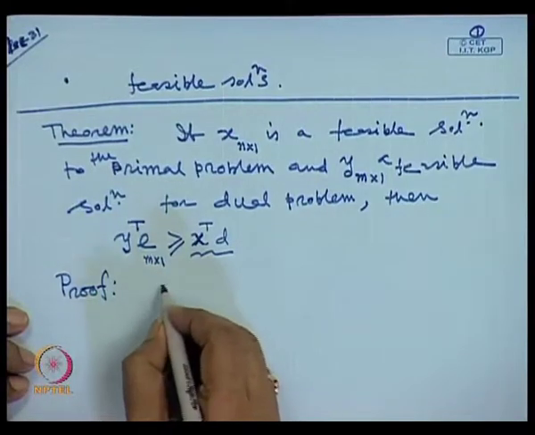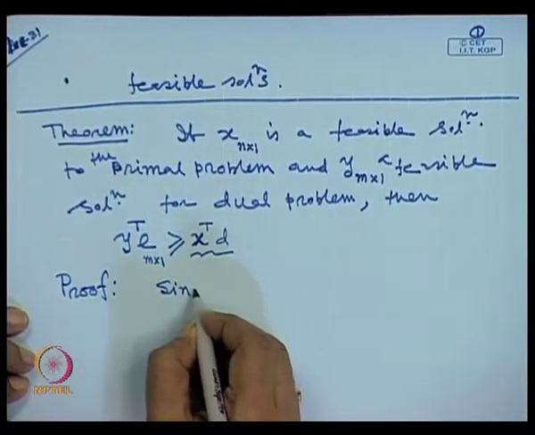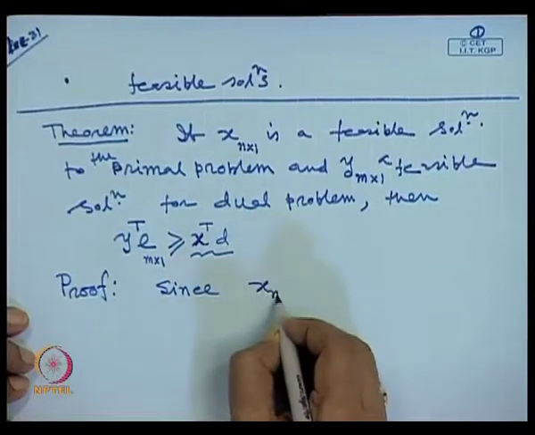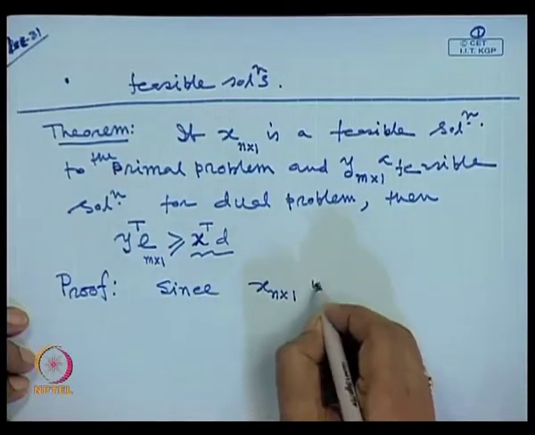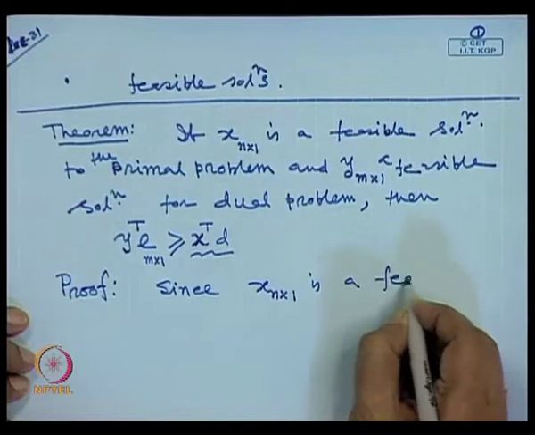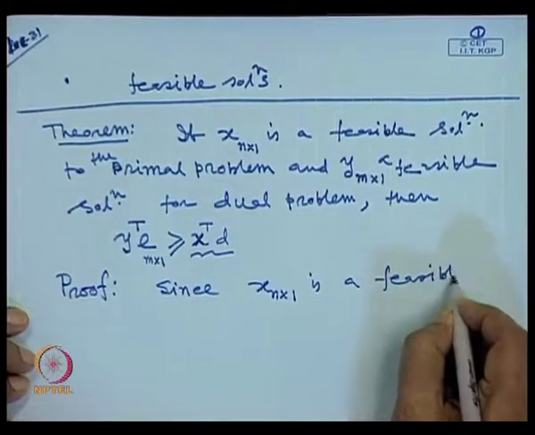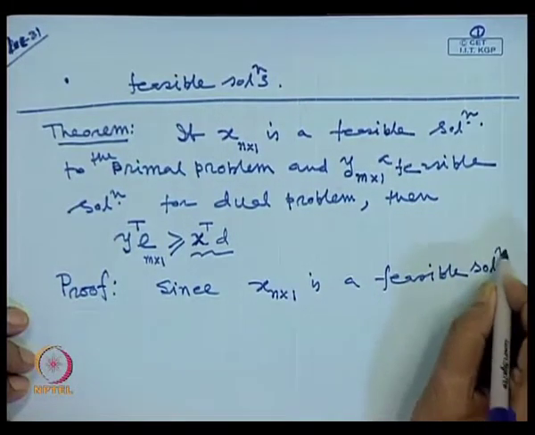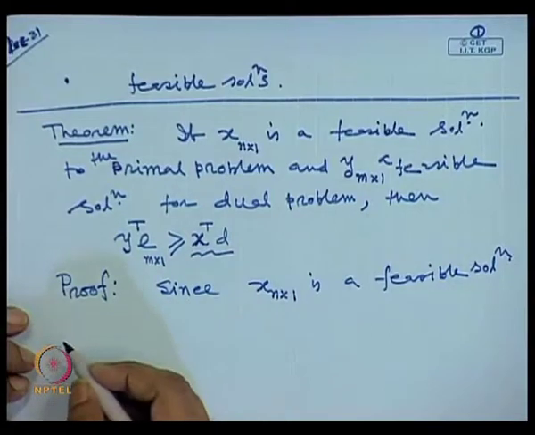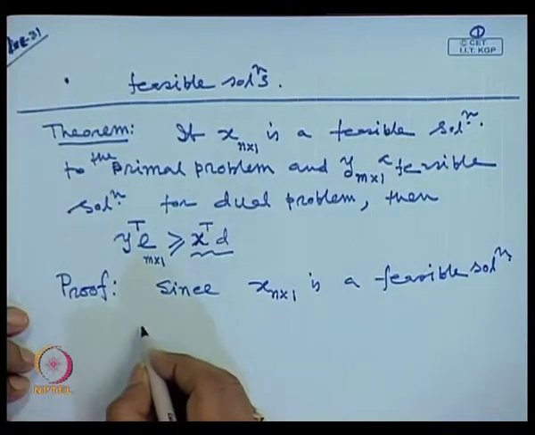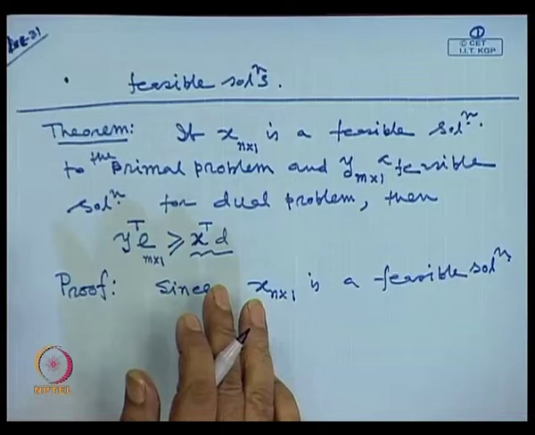Since x is a feasible solution of the primal problem, it must satisfy the inequality constraint of the primal problem.